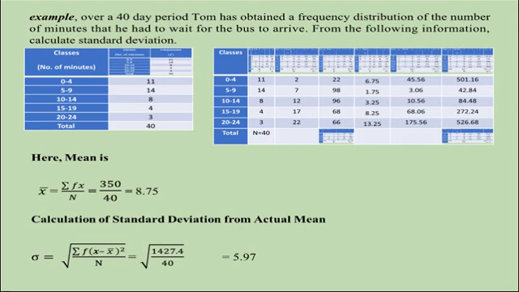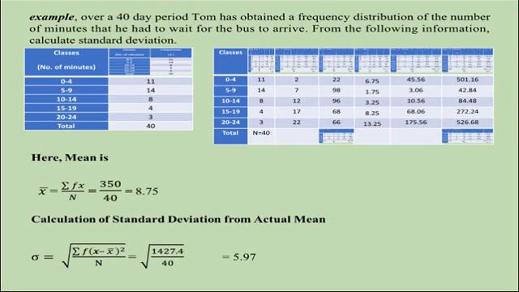Now we compute the factor f into x minus x bar raised to power 2, that is multiplying the frequencies with squares of the deviation taken from arithmetic mean of each of these mid values. Then the summation f into x minus x bar raised to power 2 is equal to 1427.4. In the question, n is 40, which is the sum of the frequencies.